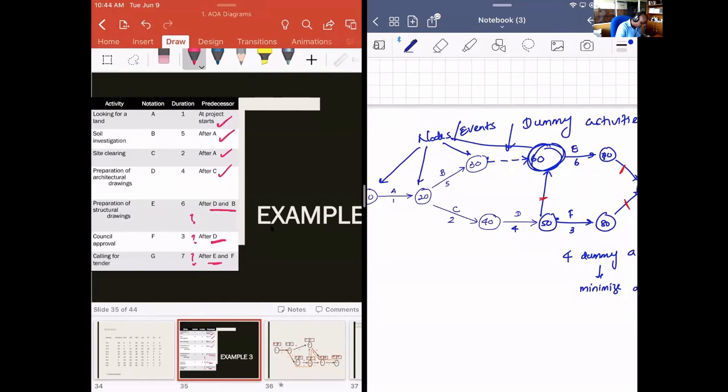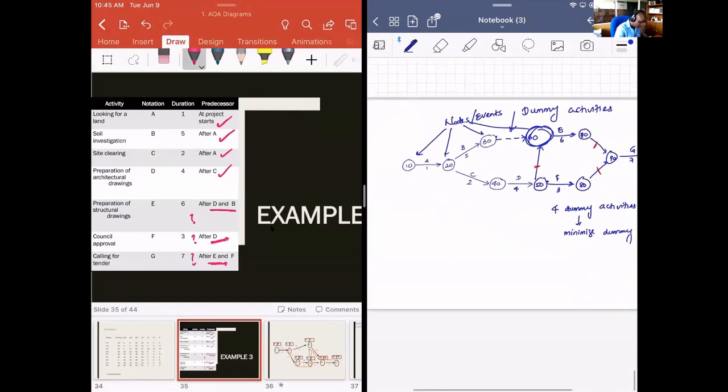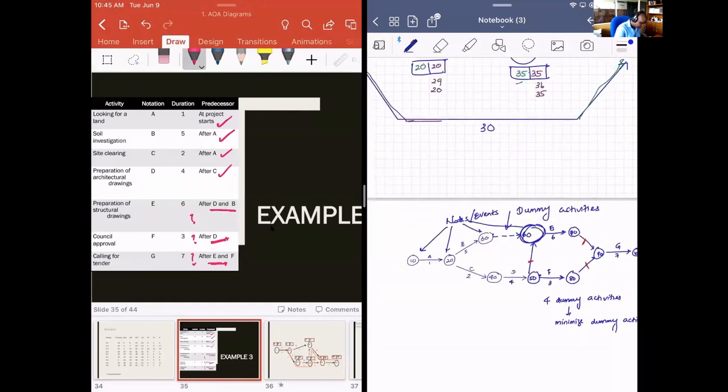There should be one node where E and F finish. So E and F, no issue. We can connect the finish of E to the finish of F. Both the activities can be finished at the same node, that we will discuss. Only issue is D and B and E. So I will draw this again for you to understand.